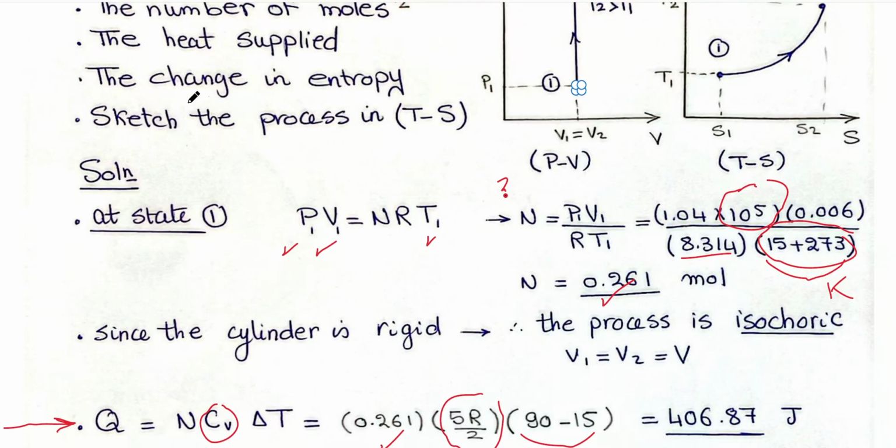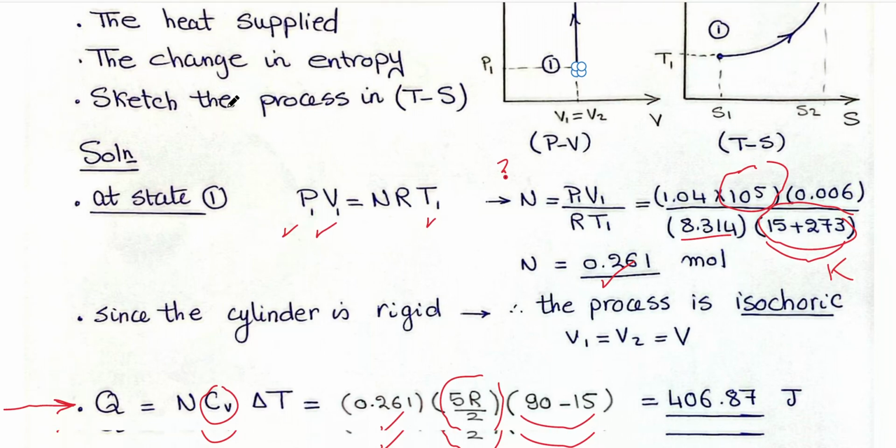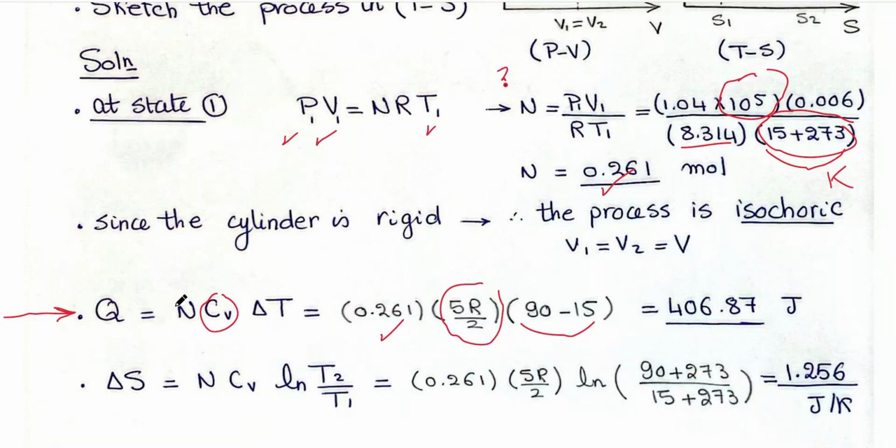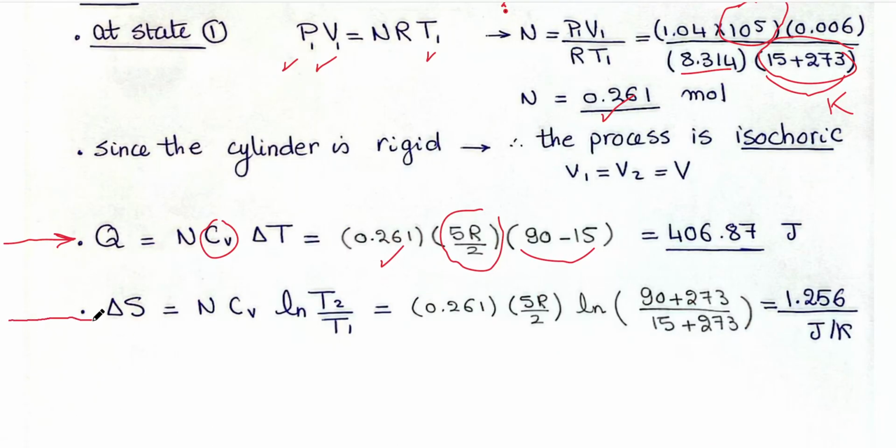The last required, or the before last, is the change in entropy. The change in entropy for a constant volume process has this equation: nCv ln T2 over T1. Now T2 must be in Kelvin.